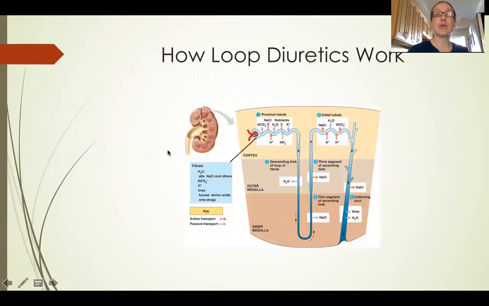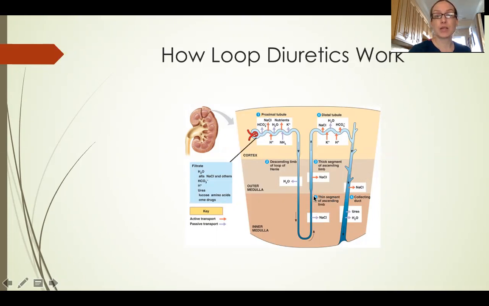So, how loop diuretics work. This is a nephron of a kidney. Water and electrolytes are filtrated into the nephron, go into the descending loop of Henle, and as it goes into the medulla of the kidney, it gets more concentrated. Normally, water flows out through osmosis and gets reabsorbed back into the bloodstream.